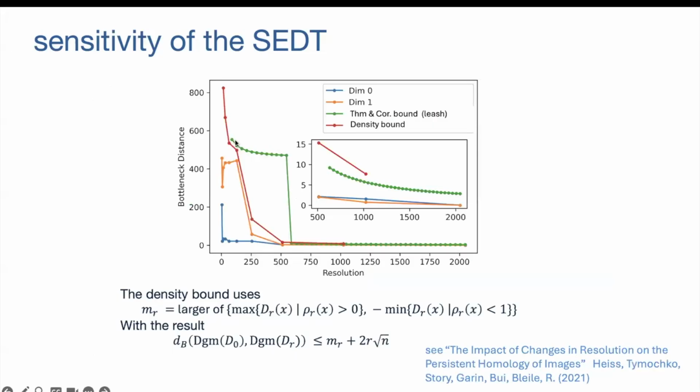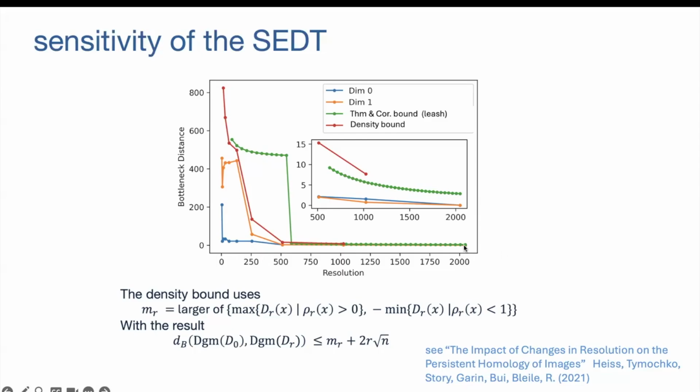This is illustrating the bottleneck distances between persistence diagrams at different resolutions. The number down here tells you how many pixels are in the image.